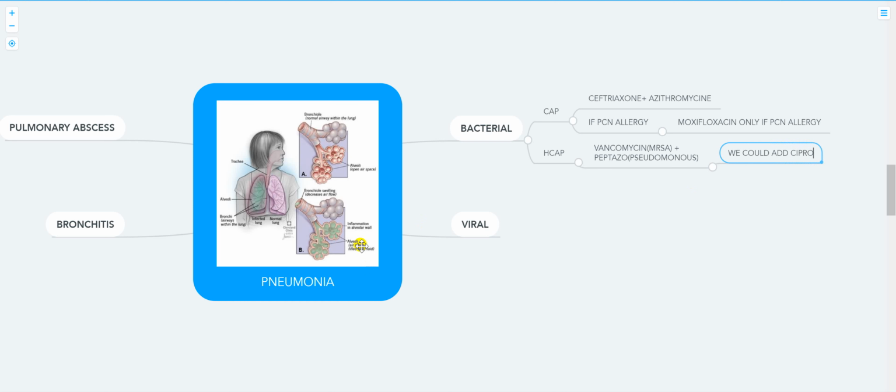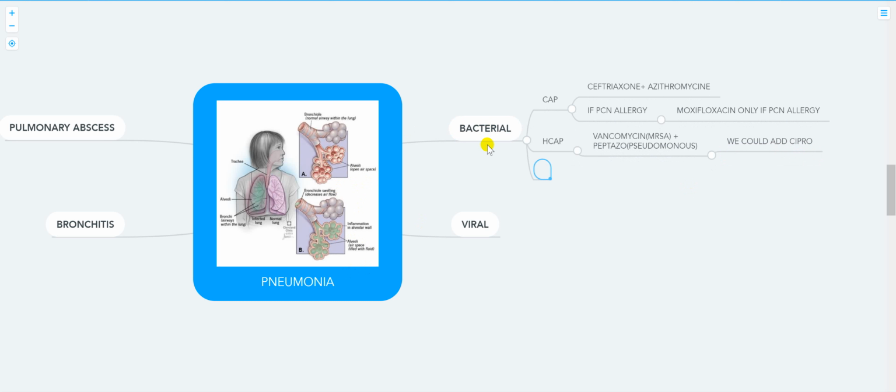Okay, but what if it is not really community acquired pneumonia? What do we call that? We call it atypical because it's caused by smaller organisms, so it doesn't cause the typical symptoms.